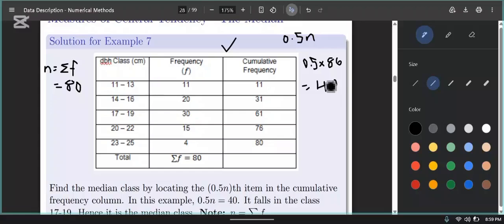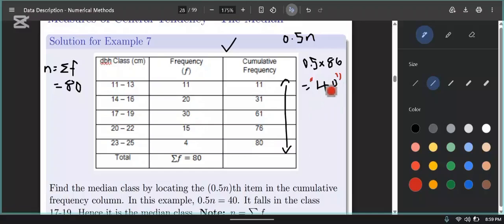For the median class, you check the numbers in the cumulative frequency. Which of these numbers does the 40 fall into? 11, no. 31, no, because it is less than 40.